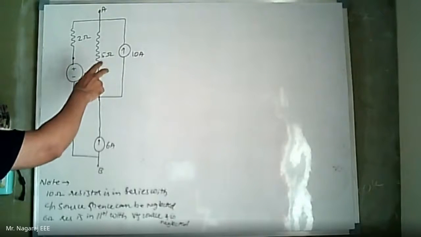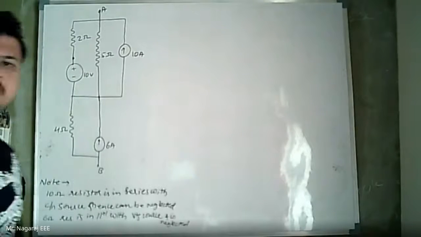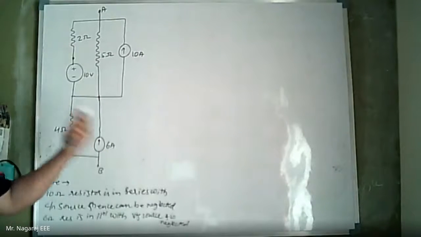If I convert the 10 volt 2 ohms into a current source and the 4 ohms 6 amps into a voltage source, and also convert the 5 ohm 10 amps into a voltage source, then two voltage sources will come in parallel. Again that has to be converted to a current source, take the equivalent current source, then again convert it into a voltage source. That is double work.